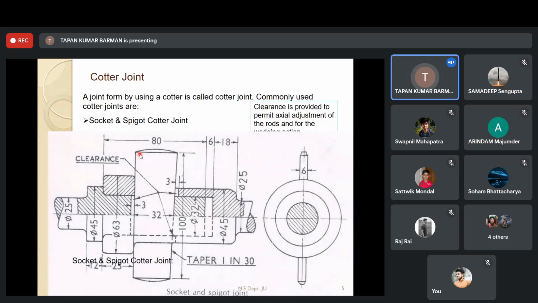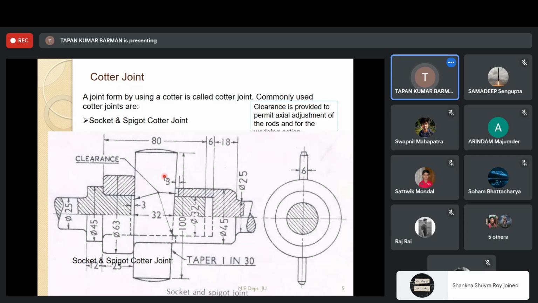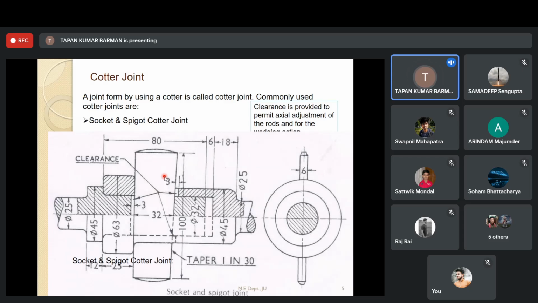But for this third component there is no hatch line. There are some exceptions, like a bolt, rivet, cutter, or pin. So these components are not cut.